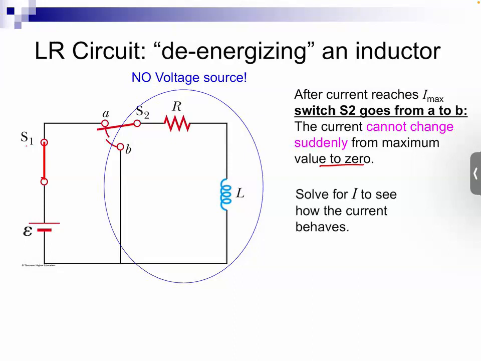So again, let's see how the current behaves once we disconnect this LR circuit from the battery. If we do Kirchhoff's voltage rule again and add up the voltages in this circuit loop, you only have a resistor and the inductor. That means their voltages should add up to 0. You have these two terms, and they both contain currents. One is a derivative of current with respect to time.